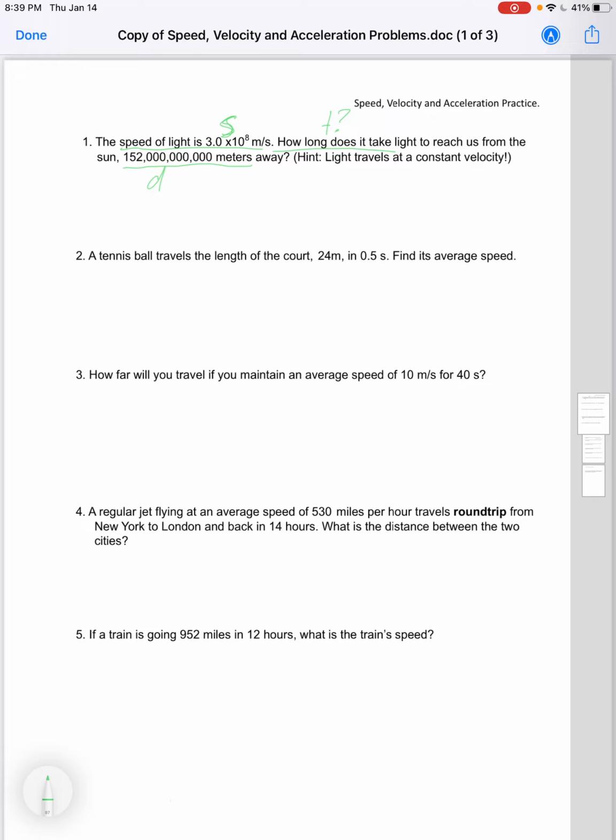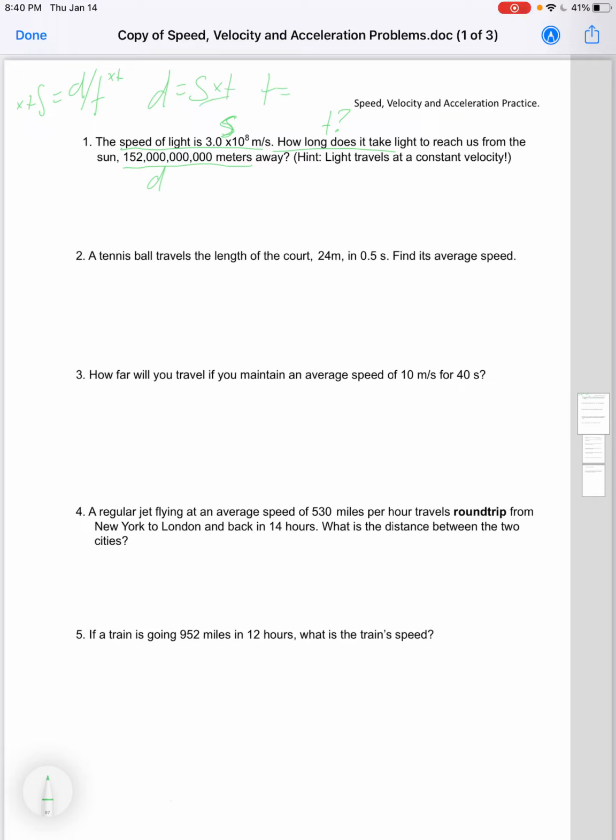Okay, so here's the equation that I know. Now remember, we can rewrite this equation by moving things around. I can multiply the t on the other side so that I have distance equals speed times time.